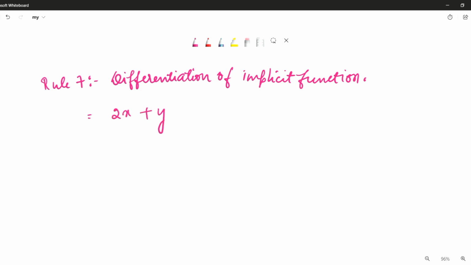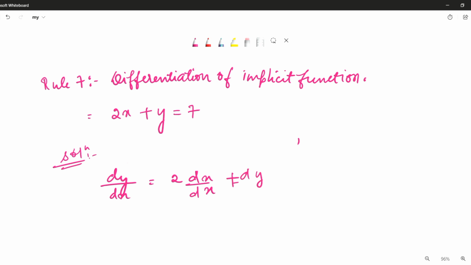2x plus y equals 7. This function contains x and y, so we have to differentiate each term. Okay, so differentiate, dy by dx equals, differentiate 2x first, so 2 dx by dx with respect to x, plus y, dy by dx. Okay, nothing is there in front of y, that means 1 is there.